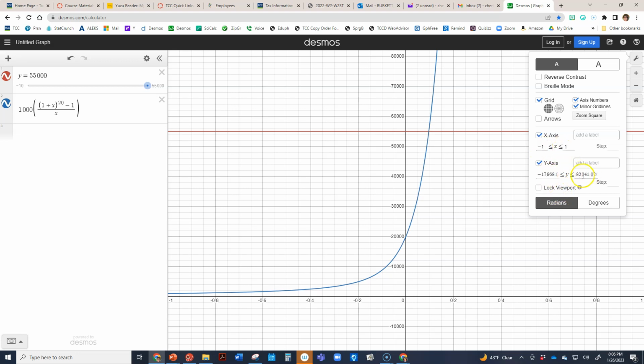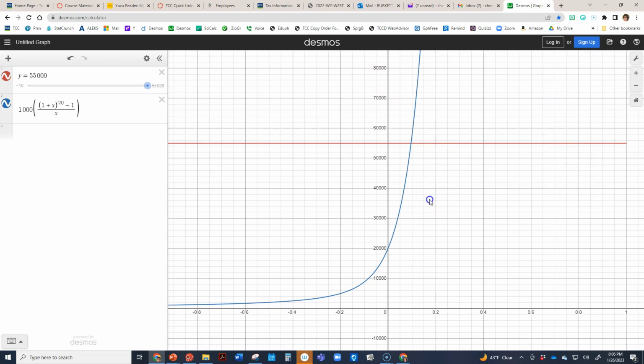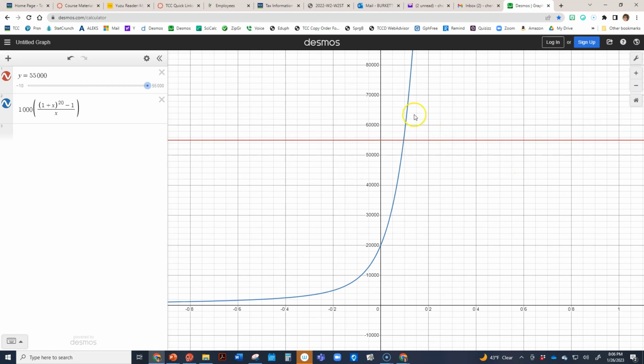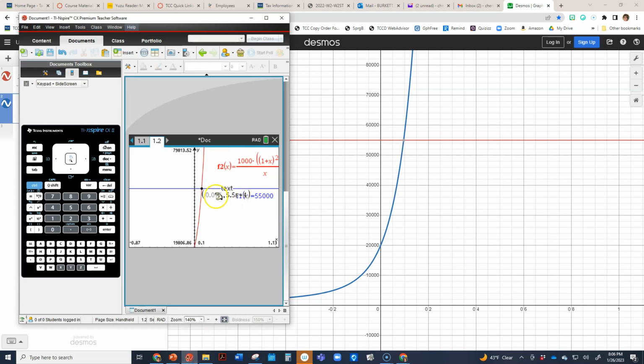And then I put the y-axis up to, I guess, 80,000. I did scoot it around a little bit. All you do to find the intersection there is touch the intersection, and it shows you right there it's 9.64%. Desmos at least gave me more decimals. I'm sure your calculator can be set to give you more decimals, but that's all it's given you right now.